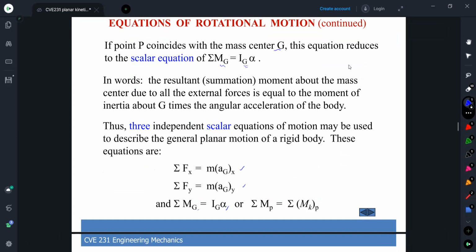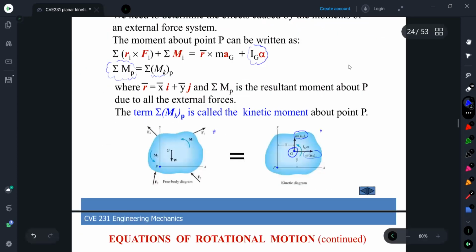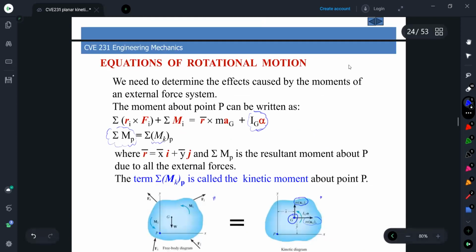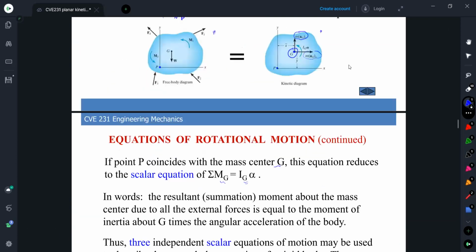But if we consider the summation moment about any point P, the right-hand side becomes summation M_kP, composed of I_G alpha and also the cross product with m a_G. We have the additional moment from the pseudo force, m a_gx and m a_gy.